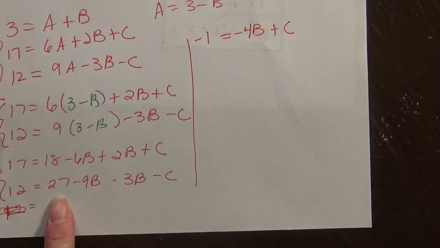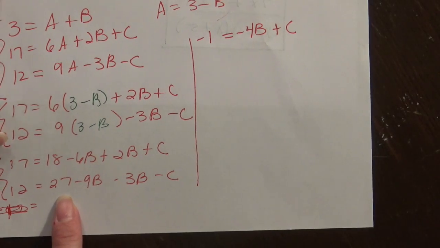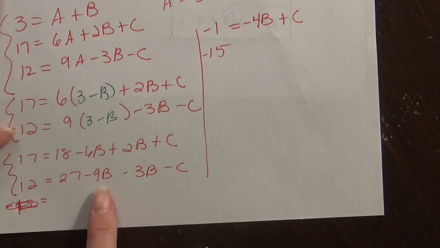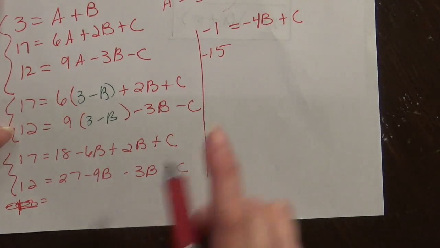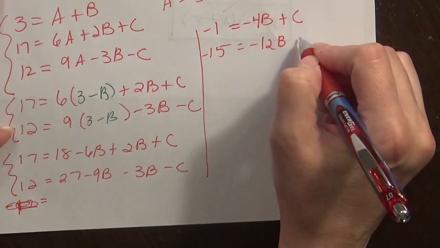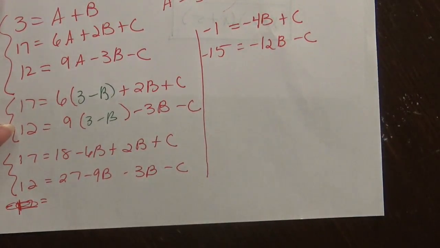My second equation, I'm going to subtract 27 on both sides. So 12 minus 27 is negative 15. Negative 9b minus 3b is negative 12b minus c.